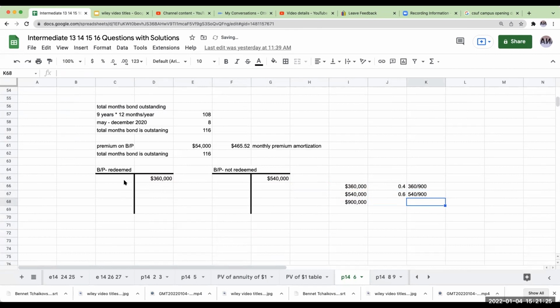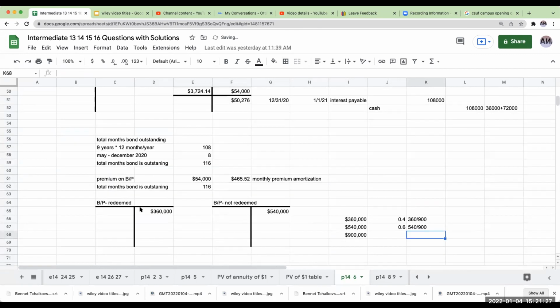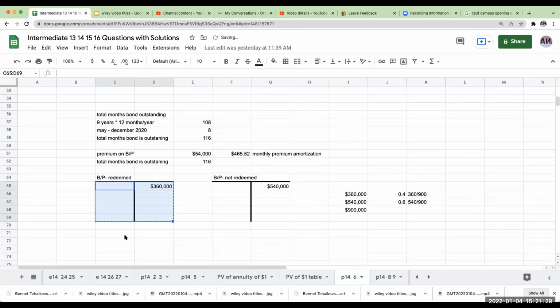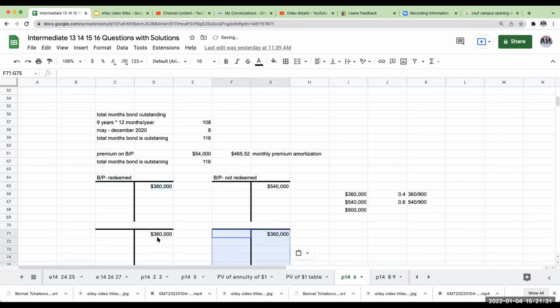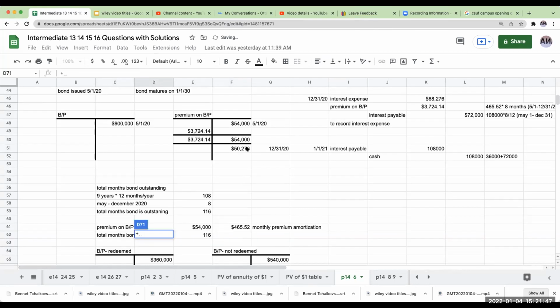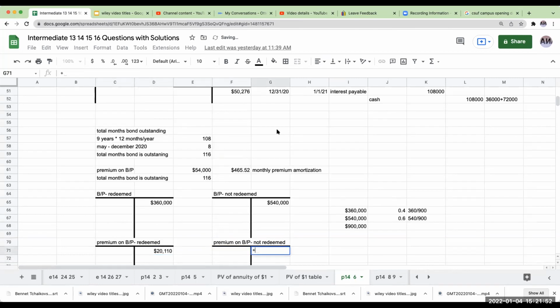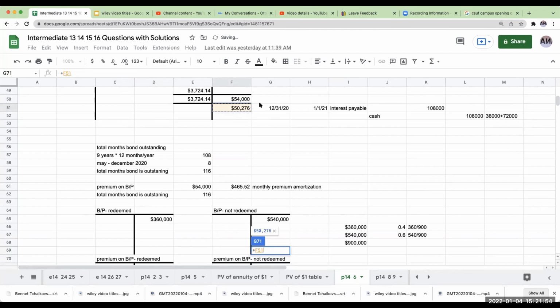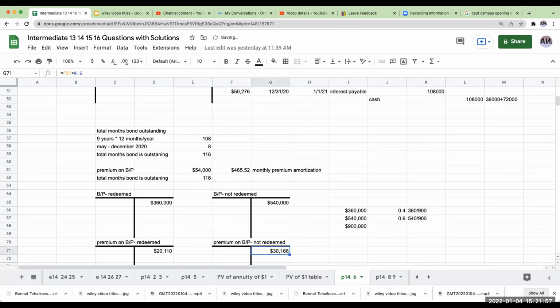Okay, so when it comes to the premium on bond payable, this is going to be 50,276 times 40%, and this is going to be 50,276 times 60%.